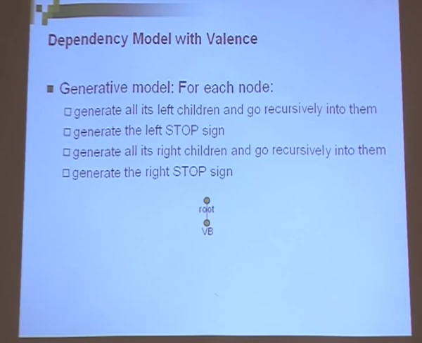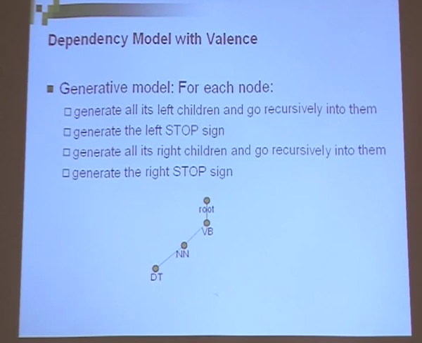In this case, we have the VB, which is an English verb. We first start generating words to the left, so we generate the noun, recursively go deeper to the noun and generate the first left child of the noun, which is a determiner. For the determiner, the generative process decided that it has no children to the left, so it generates the stop sign.